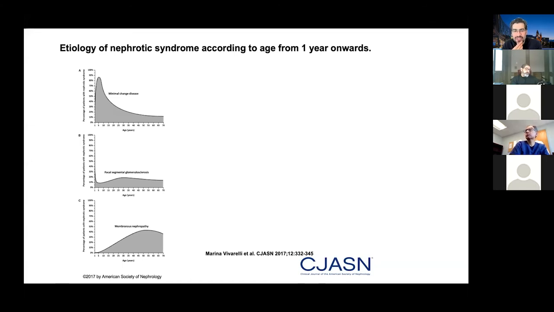I'm sure Dr. Lanewala, they see this way more than what we see in the adult practice. And membranous on the other side of the spectrum is a function of time, a function of age. You see more towards later years, and FSGS has a very steady presence in the adult population. Any comment on the percentage of nephrotic syndrome in relationship to age, or any experience you want to share?